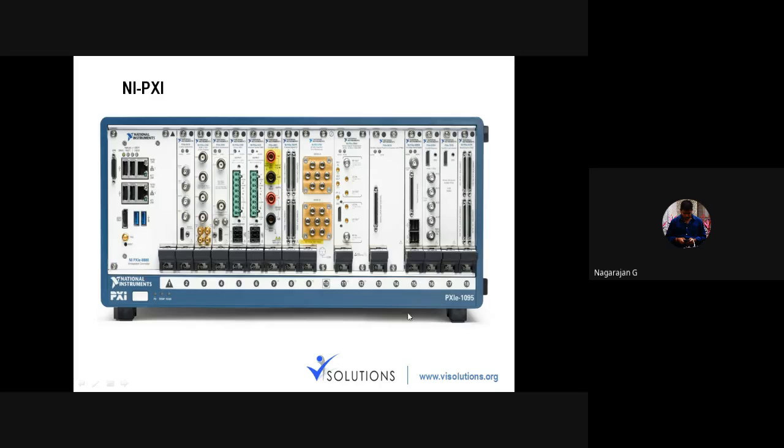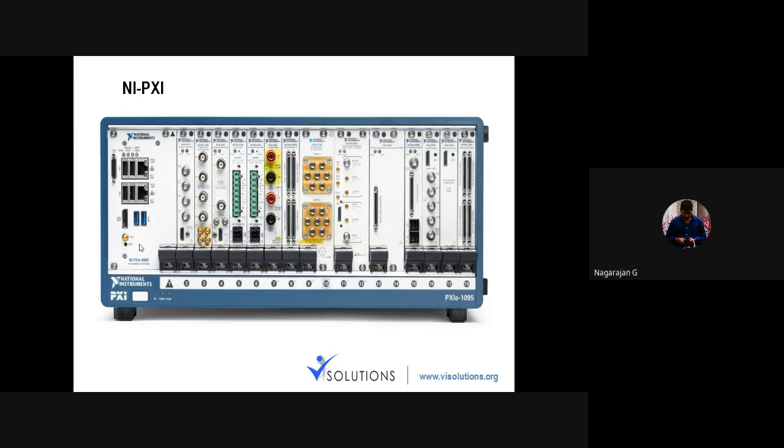And you can see there is one more hardware called PXI, peripheral extension interface. So this is PXI, which is a separate computer. If you want to work with this PXI hardware, it has an inbuilt processor and memory, RAM, ROM, everything inbuilt. The simple thing you need is a desktop screen, a mouse, and a keyboard.